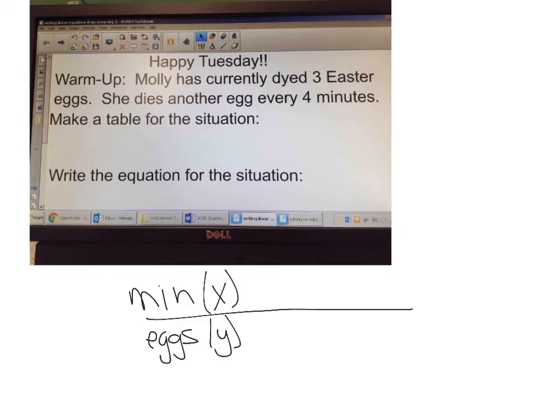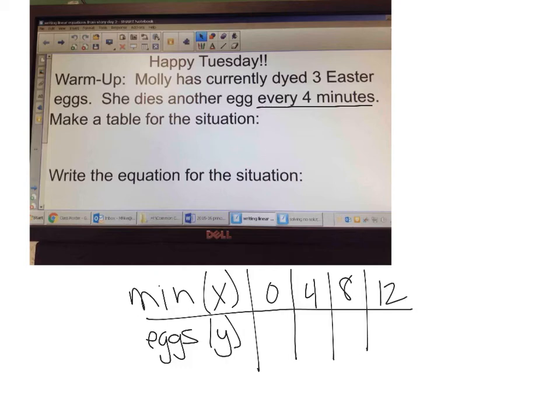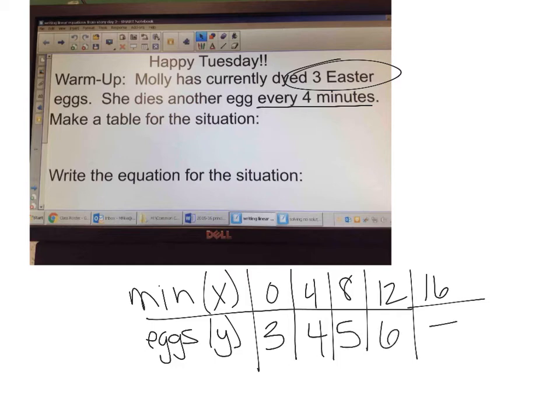And we're going to start at time 0. And because it says that she dyes another egg every 4 minutes, we're going to count the table by 4s. And we're going to start with, she already has 3 Easter eggs dyed, and she dyes another one, so counting by 1s, 3, 4, 5, 6, and 7.